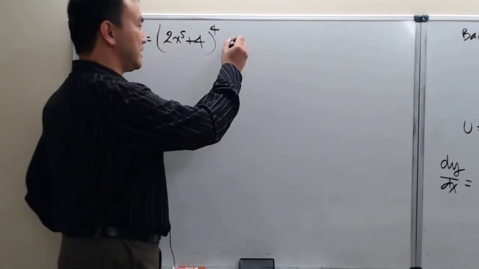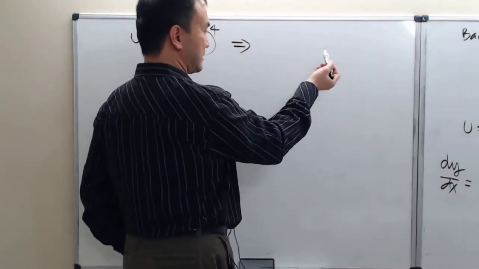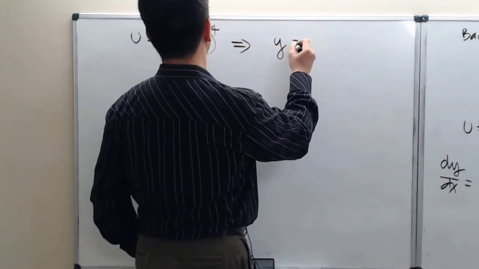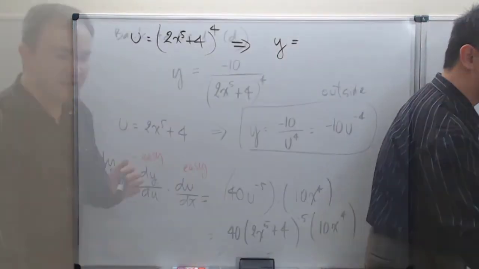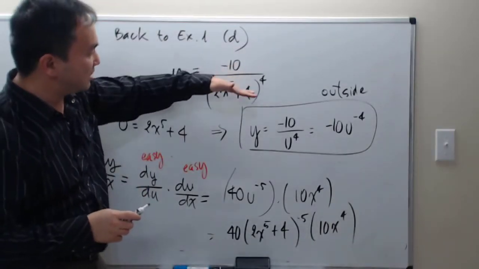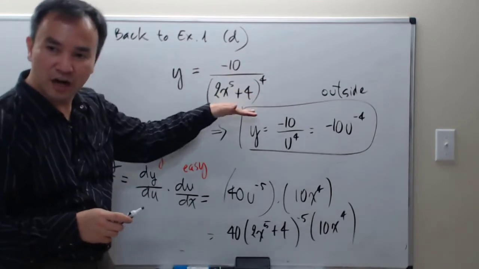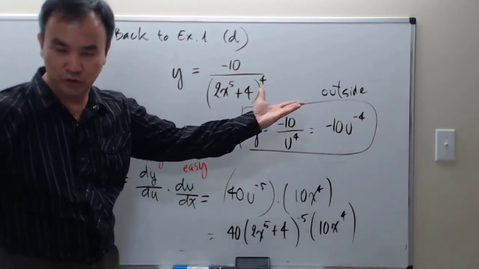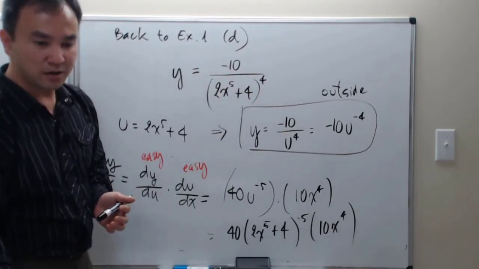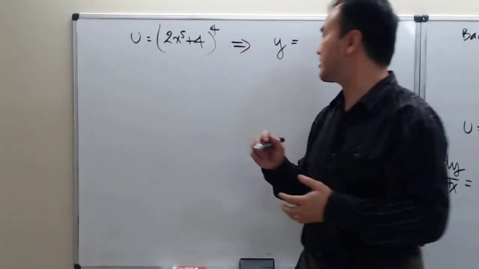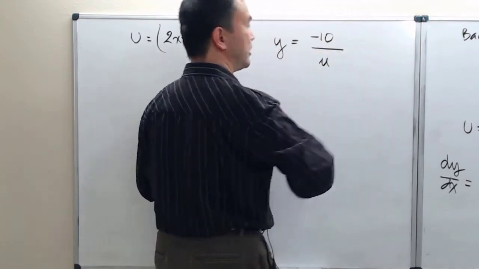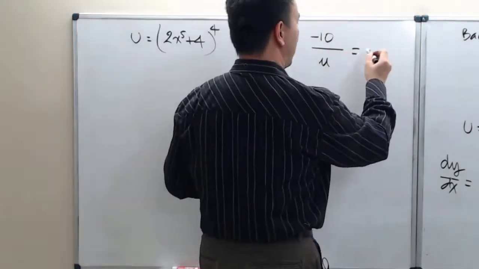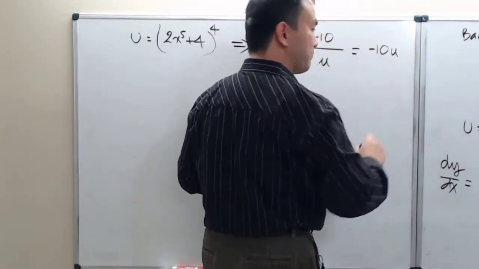Once you choose this, here's how your outside function looks. y equals negative 10 over your entire package in the denominator, which now becomes u. And so that means your entire function in terms of u is simply negative 10 over u, which we can rewrite as negative 10 u to the negative 1.